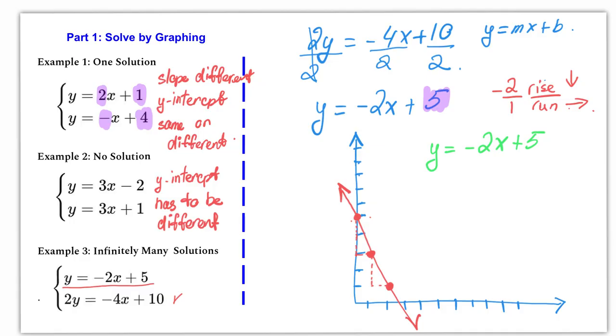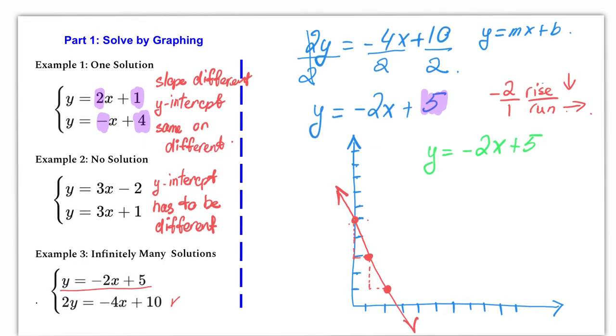Is there something that's the same and something that's different, or is everything the same? Okay, so we're going to again start with our 5. And then our slope is 2/1, and don't forget it's negative. That means we're going to go down 2 and right 1. And so we end up in the same place.